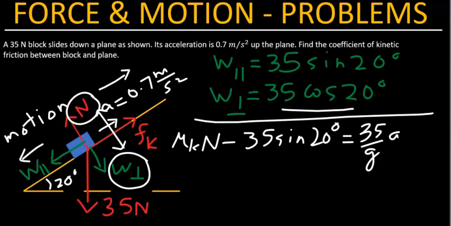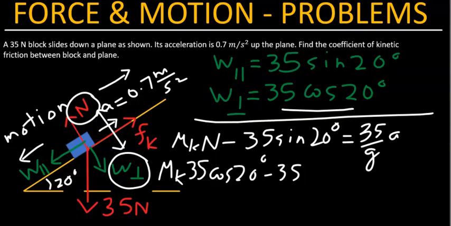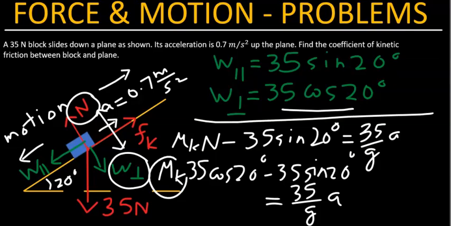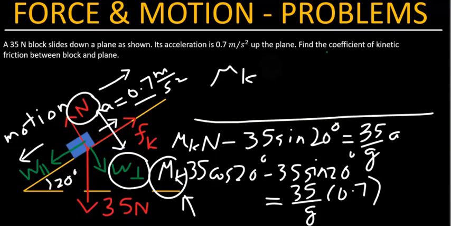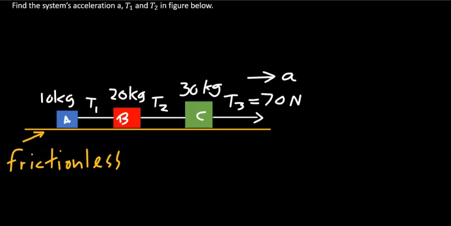So mu k times 35 cosine 20 degrees minus 35 sine 20 degrees equals 35 over g times a. And this should give us the answer for mu k, because a is 0.7. So substituting 0.7 for a, we can solve for mu k, which will give you 0.44 for mu k.